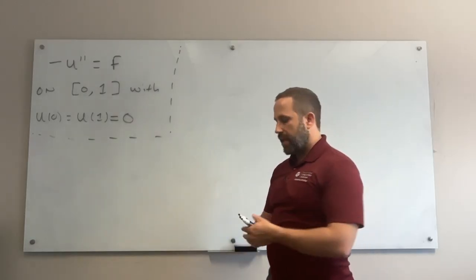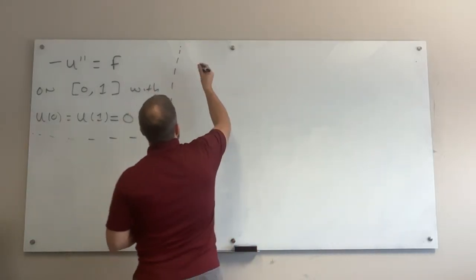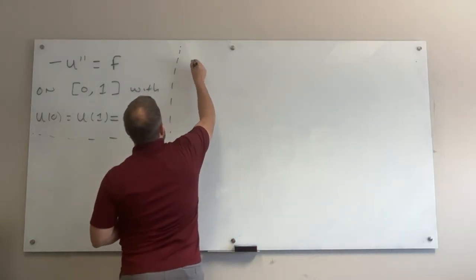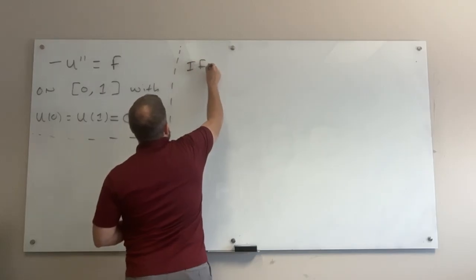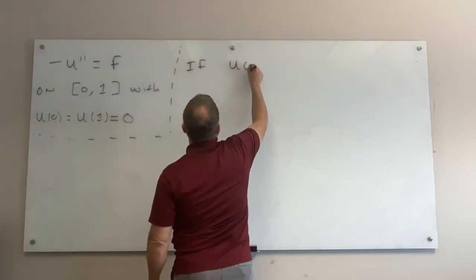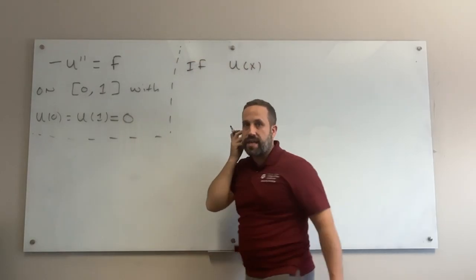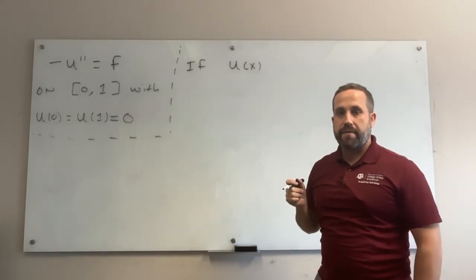Let me begin with the fact that if we have some function, I'm going to use u of x as the function instead of f of x because that's the letter that we're using in this class.